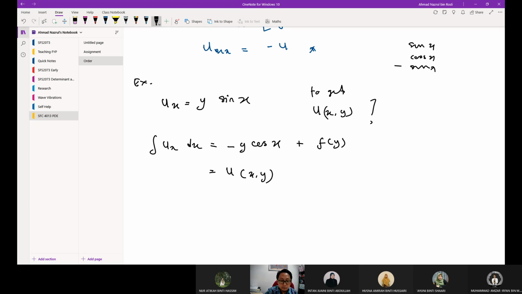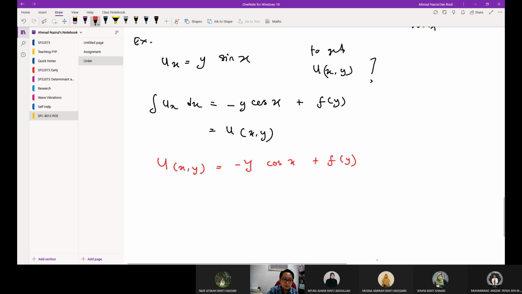Okay. So to prove this, kita try dulu. u(x,y) is equal to minus y cos x plus f(y). Okay, try to get u_x. So differentiate du over dx.